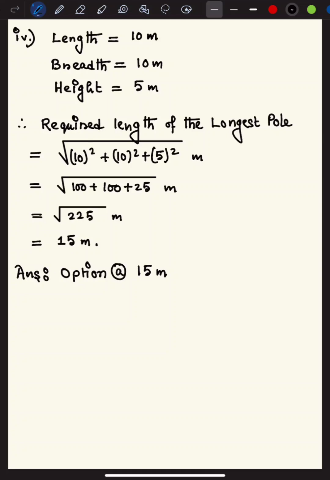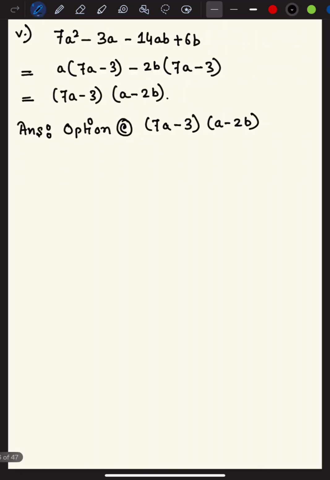The formula for the length of the diagonal of a cuboid is root over l square plus b square plus h square, right? So it will be root over 10 square plus 10 square plus 5 square, which is root over 100 plus 100 plus 25, which is root over 225 meter, which is 15 meter, which is option A. Got it? Okay, let's move on to the next one.